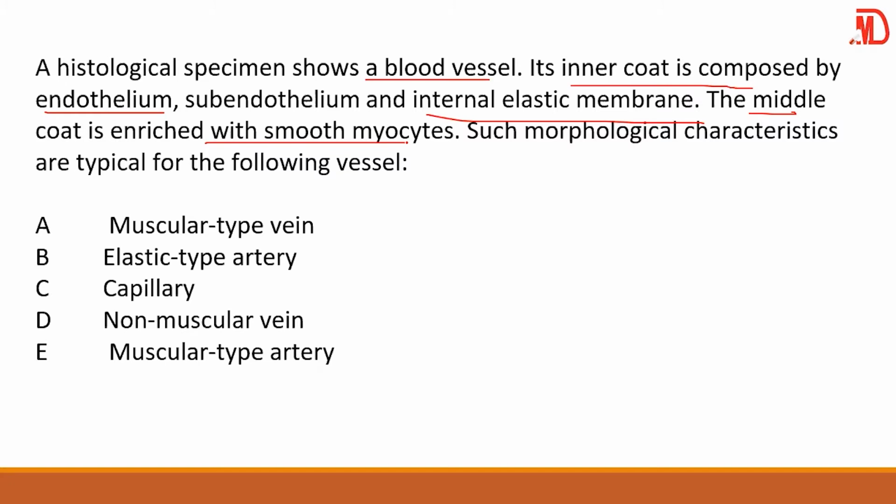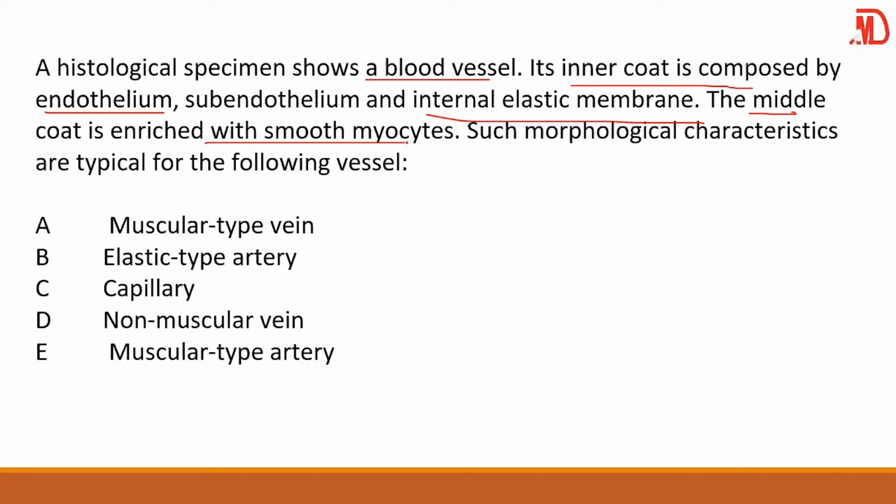If I were you, I'd write this down. Now, the wall of any vessel has three layers. We have the inner layer, or the tunica intima. Then we have the middle layer, or the tunica media.